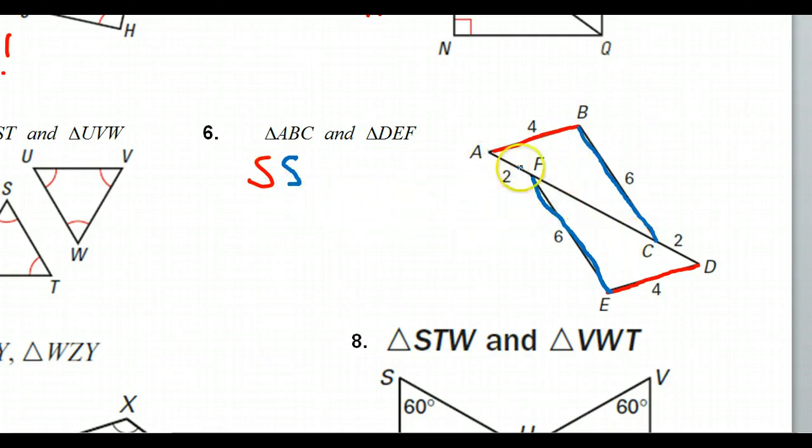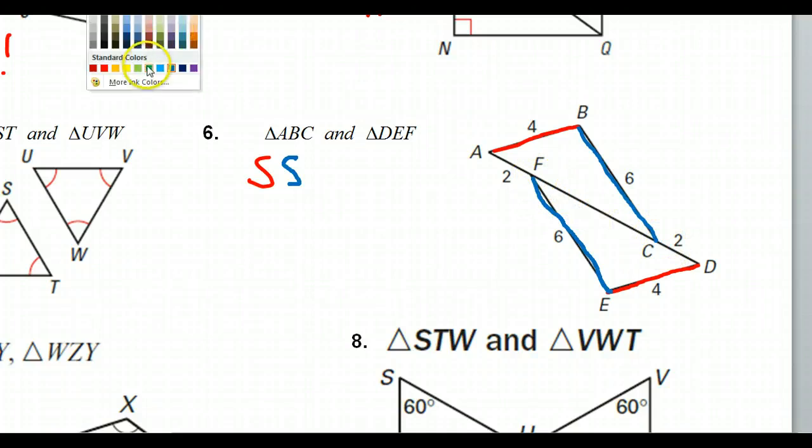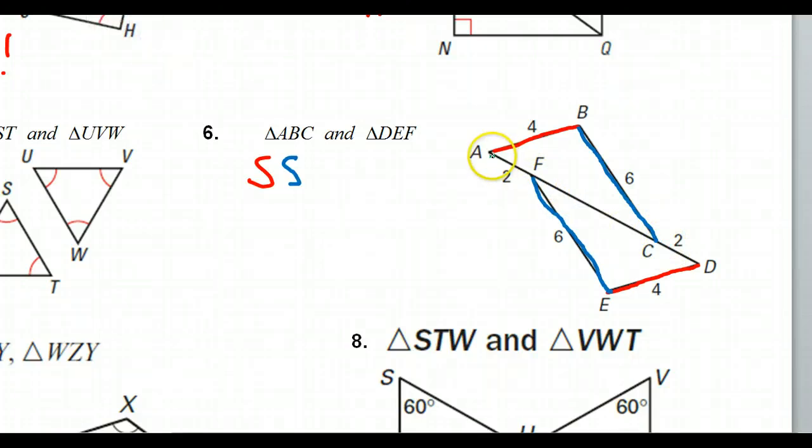I don't see any angles, so let's see. So what about this? Well, here's the thing. Let me change colors for a second. Let me go with green now. Let's look at this part that's in green right here that I just colored. Part of that is length 2, because that goes from here to here.